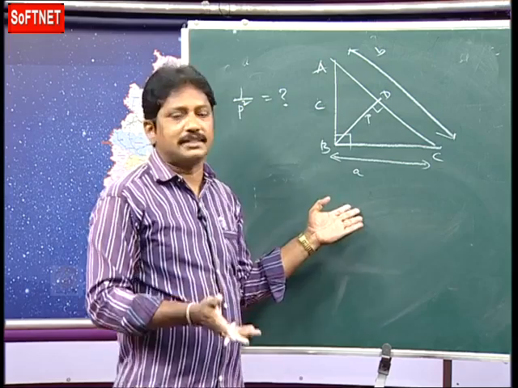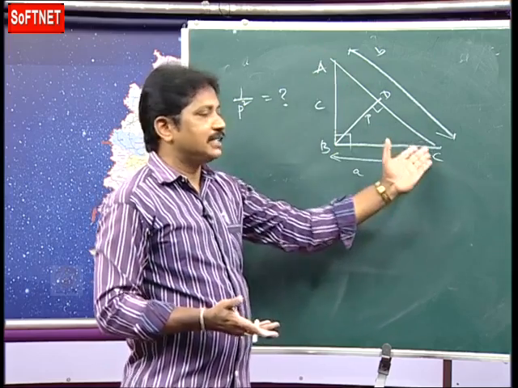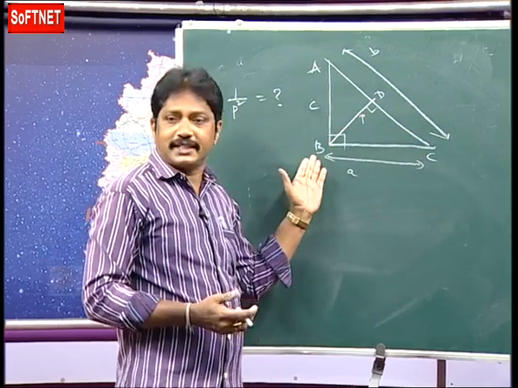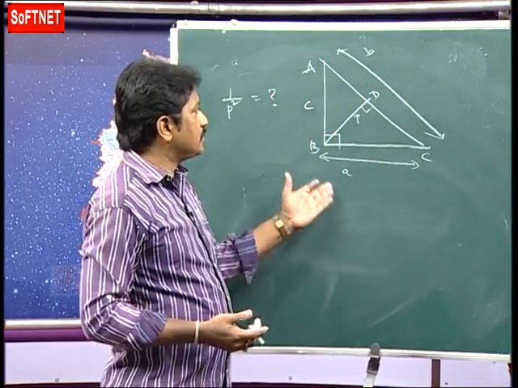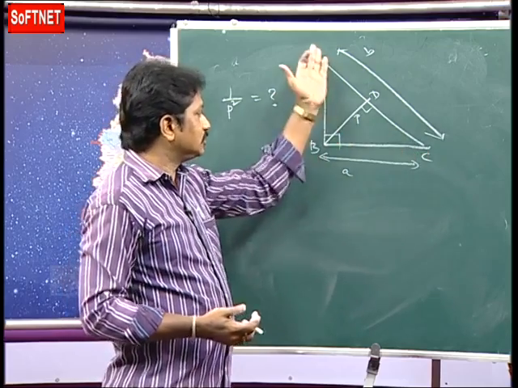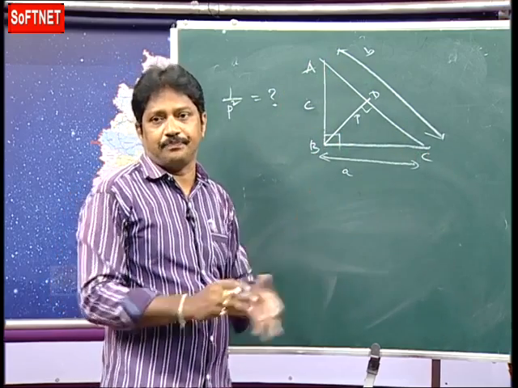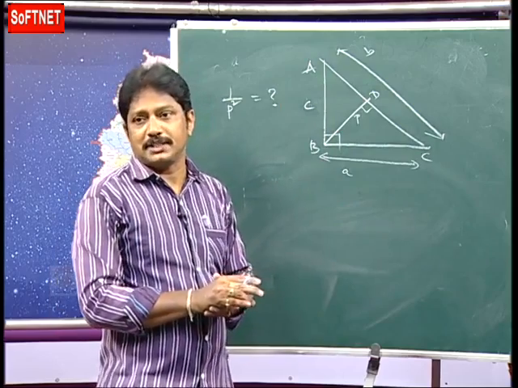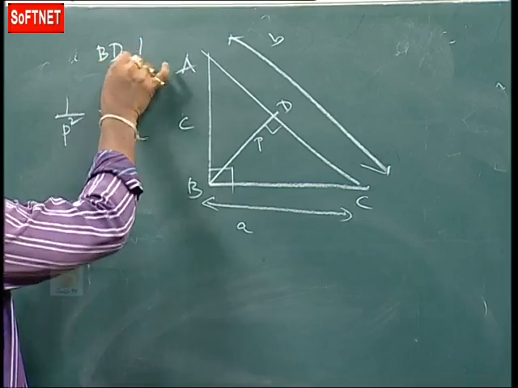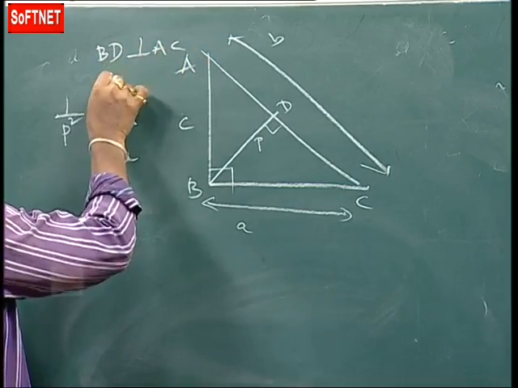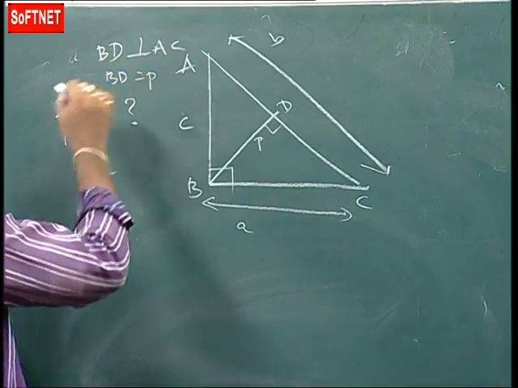And AC is opposite to the vertex B, so we say b. And AB is opposite to vertex C, so its length is represented as c. We are going to find the value of 1 by p square, where BD is perpendicular to AC, and we said BD is equal to p.